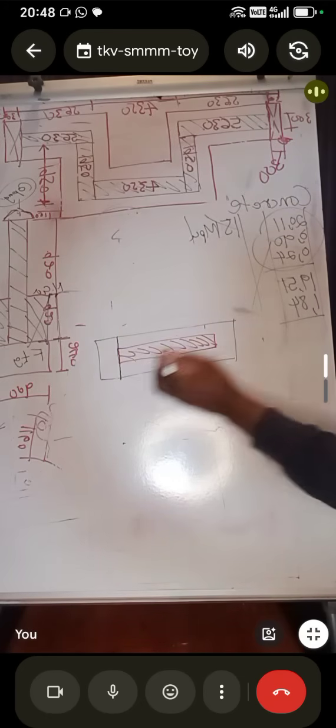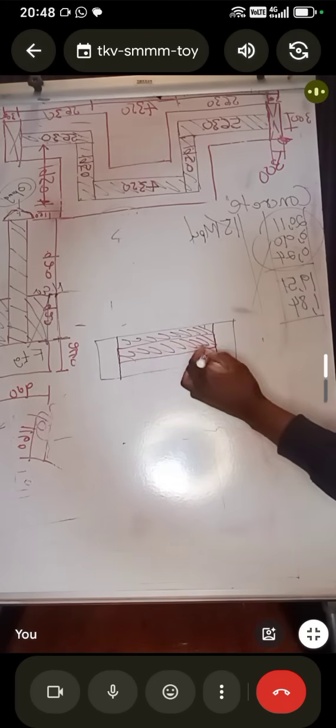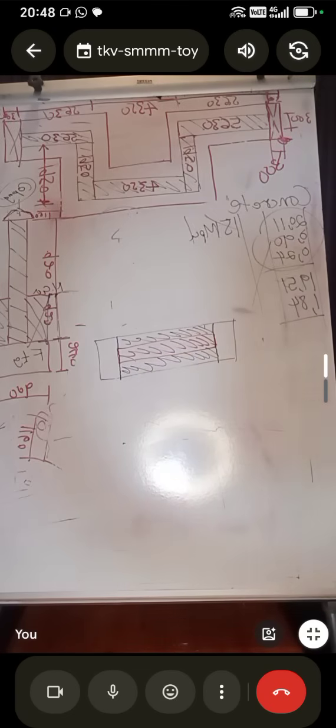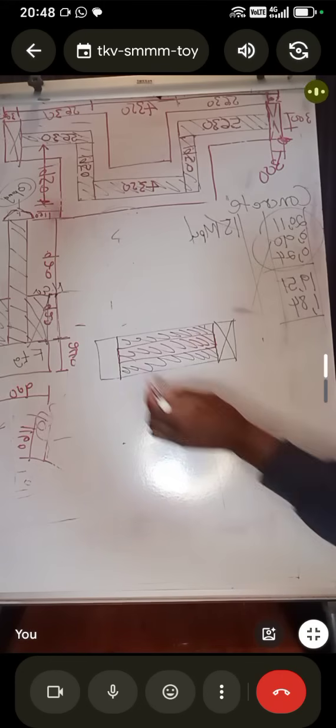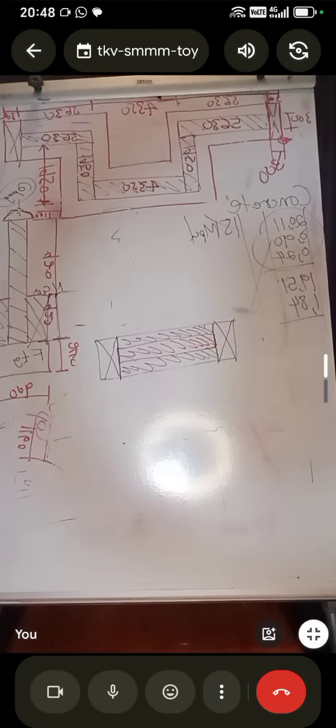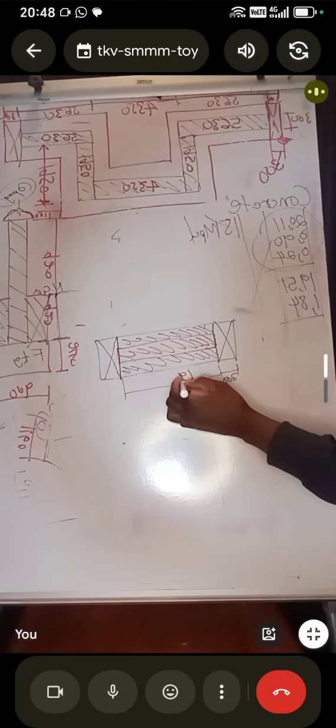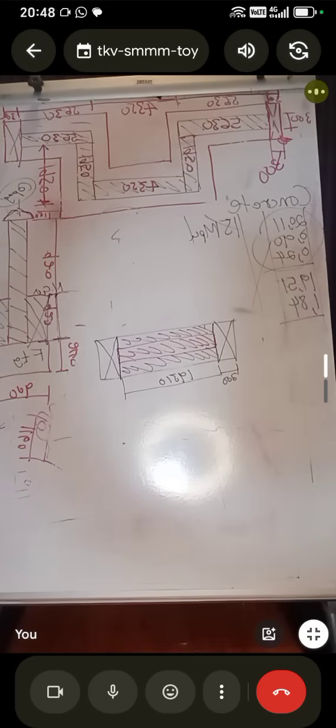Even this portion must be backfilled. You get it? We know that it's 300 here as a backfilling. We know that from here to here it was 19,510. We know this side, which is 900. We know the depth of the backfilling, which is 920.